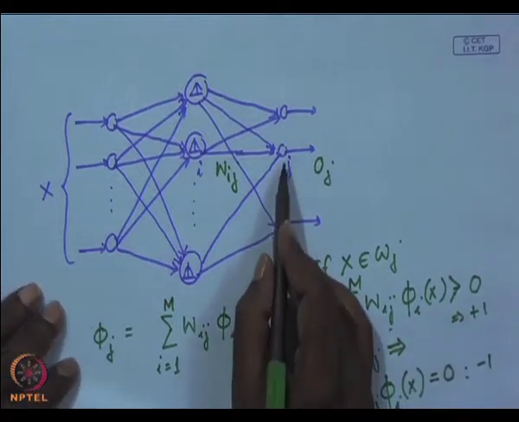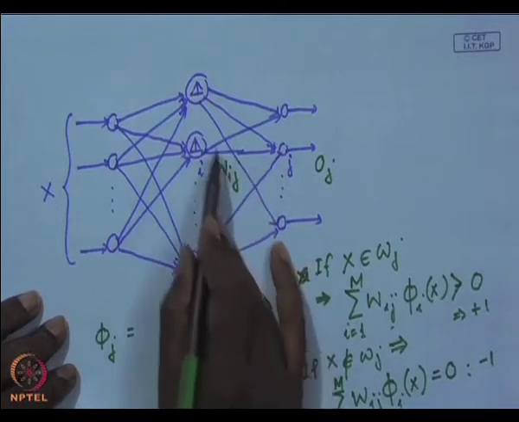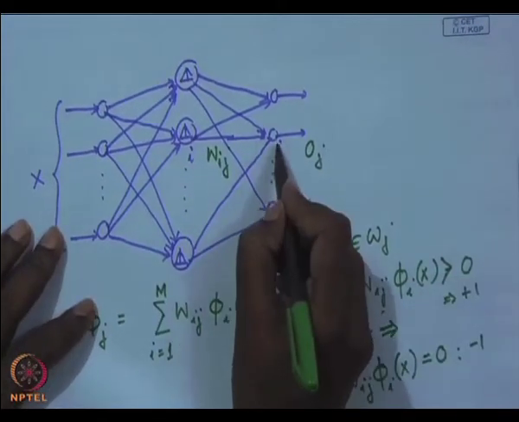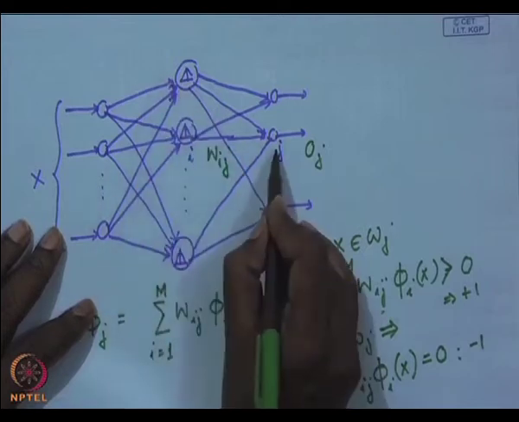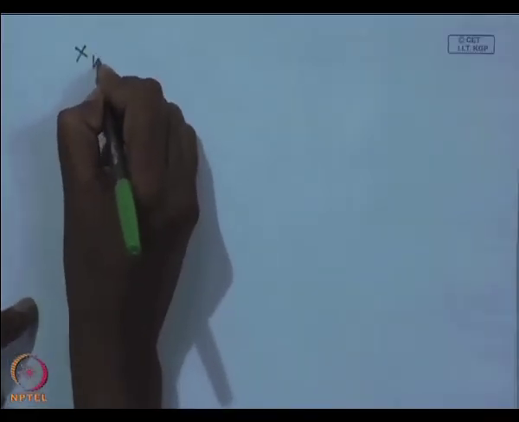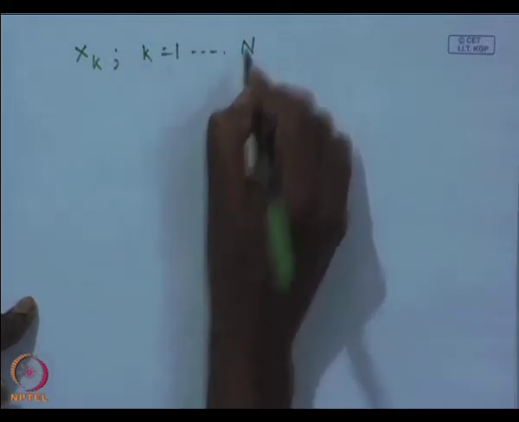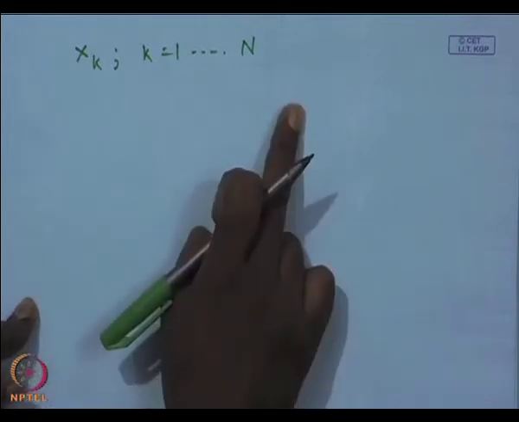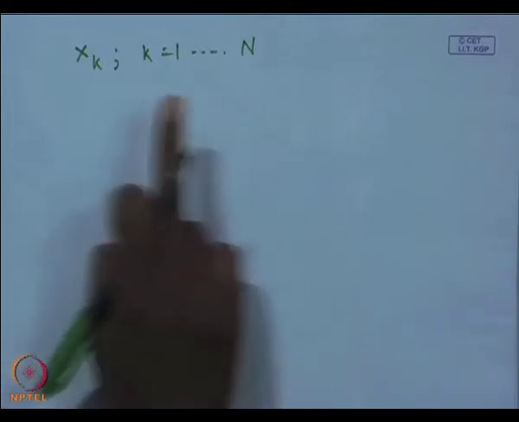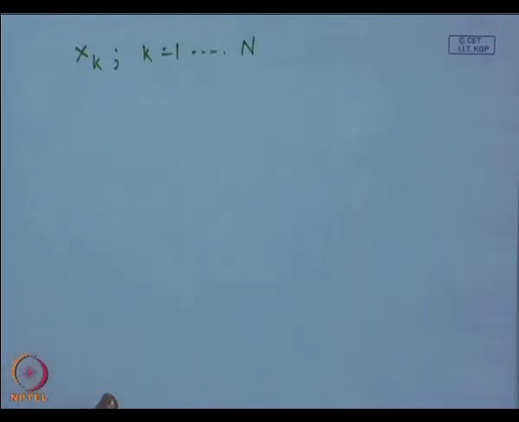Now, if I right now consider only the connection weights which are connected to the jth node in the output layer, then suppose I have capital N number of vectors. So, I have vectors x k for k varying from 1 to capital N. I have capital N number of input vectors which are given for training purpose or for learning, as we are using supervised learning.